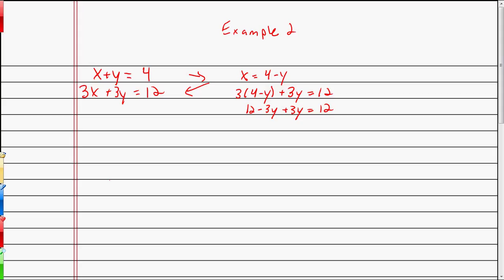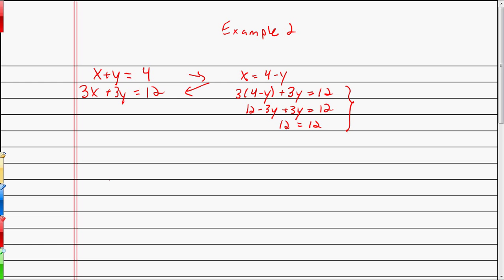All right, and so the first thing you should notice is that my y's disappear, and I get 12 equals 12. So this is saying, for what value of y does 12 equal 12? Well, any value. The y disappears. It doesn't matter what you put in. So we know we have infinitely many solutions, right?